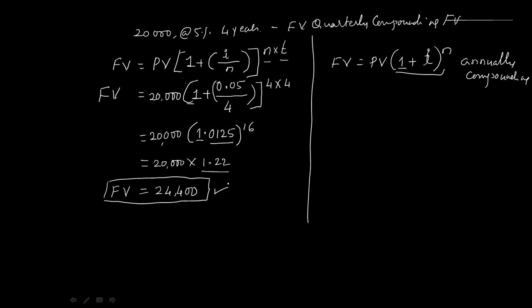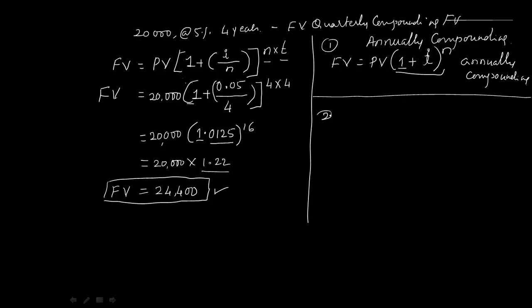So here I will tell you some hints if compounding is made annually. This is the equation for the first case: if it is annually compounding, this is the equation. If we are doing quarterly compounding, this part is the quarterly compounding calculation formula, and what we have taken here is 4 divided by 4.